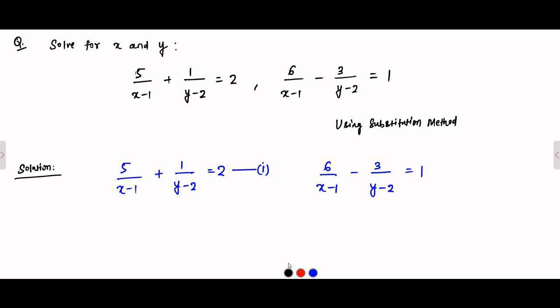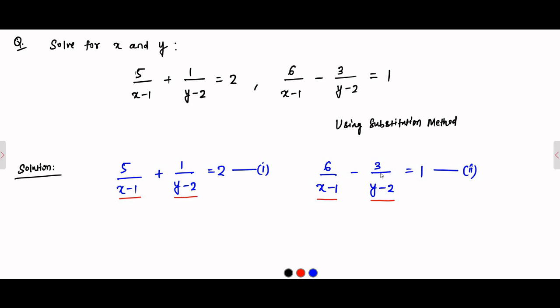This is equation 2. Here you have to notice something: here it's x minus 1, here also it's x minus 1, here it's y minus 2, here also it's y minus 2. The denominator parts are the same in both the equations.